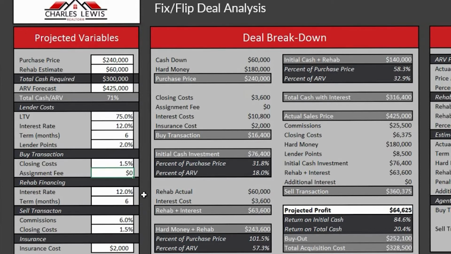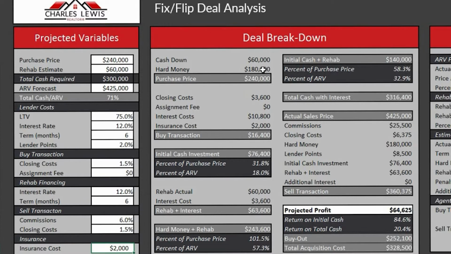They're going to put it all together, the same 12%, and then a 6-month term. And then on the sell transaction, we're estimating the commissions and then the closing. On insurance, I just put a flat $2,000 in there. This is, again, for example purposes only, and certainly if you're looking at a specific house, you'd want to get as specific as possible.